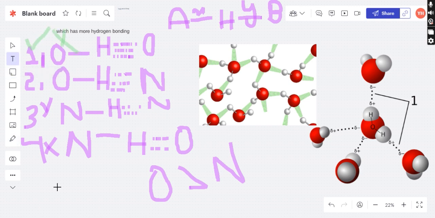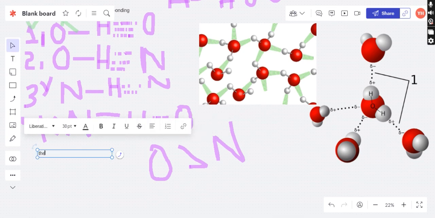So here we will deal with a more advanced concept: the strength of hydrogen bonding is inversely proportional to the electronegativity of atom B, right?